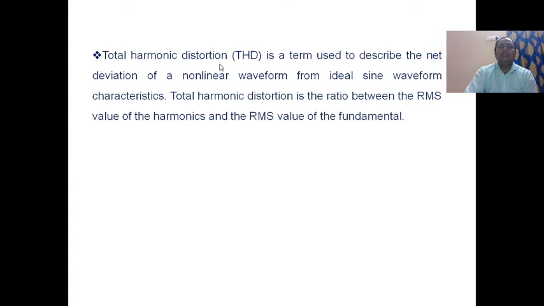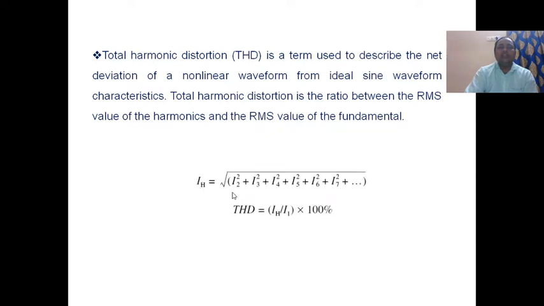Total harmonic distortion is a term used to describe the net deviation of a nonlinear waveform from ideal sine waveform characteristics. Total harmonic distortion is the ratio between the RMS value of the harmonics and the RMS value of the fundamental.